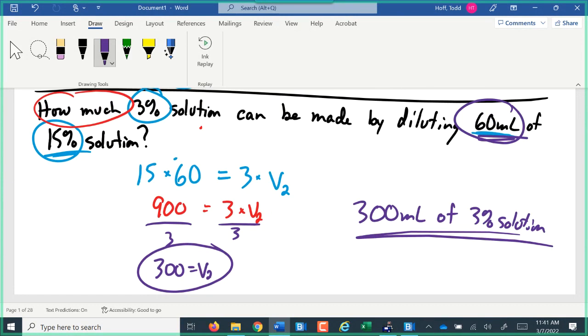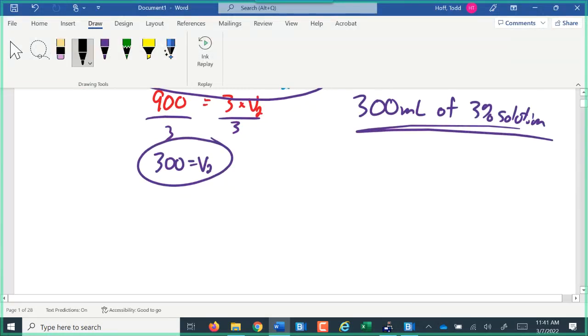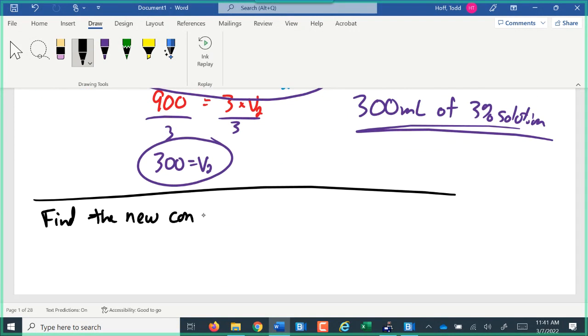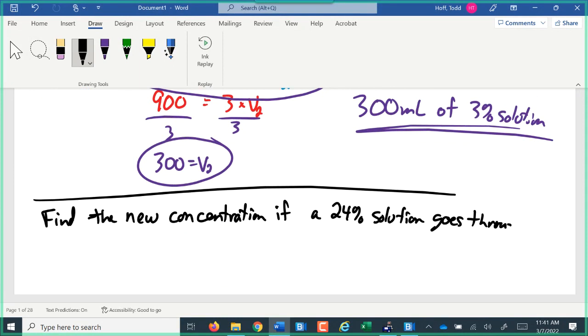But we have talked a lot about these solutions and concentrations. I'm adjusting the concentration like this, using a dilution to reduce the concentration. Find the concentration if a 24% solution goes through a 3 and 8 dilution.